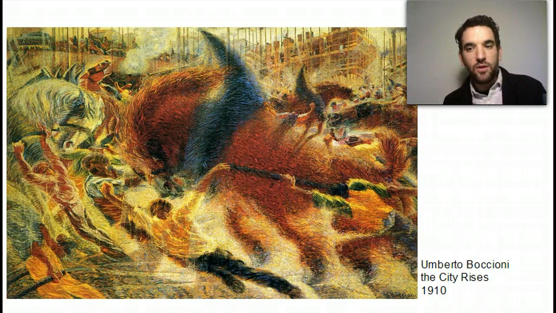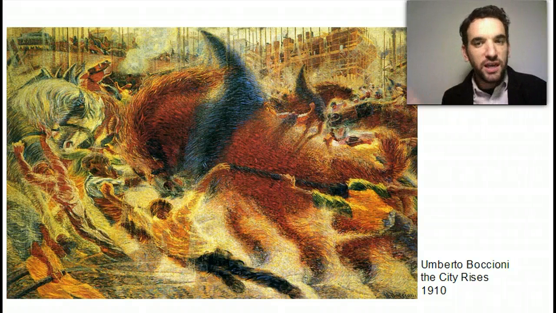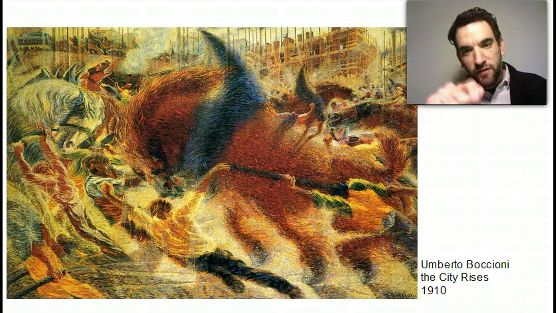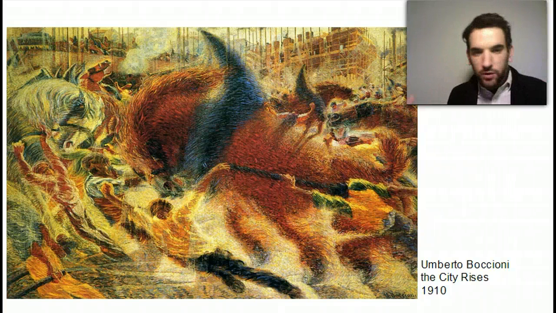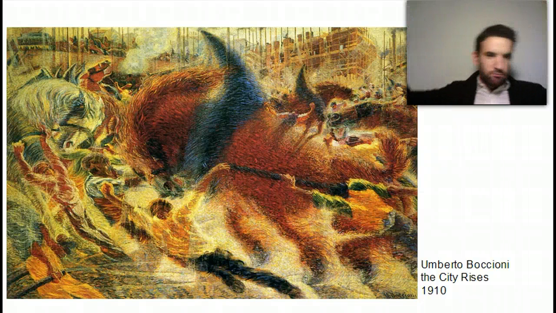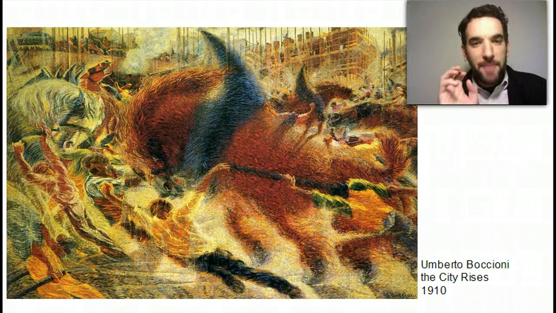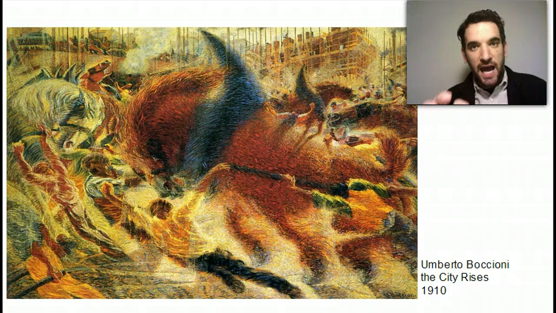But look at the way that Boccioni is using paint as well. He's using it very frenetically. He's moving very quickly when he's rendering the movements of these horses and of these men. There's all this motion going on. And in the background, you have this very static, very stable construction of a factory.